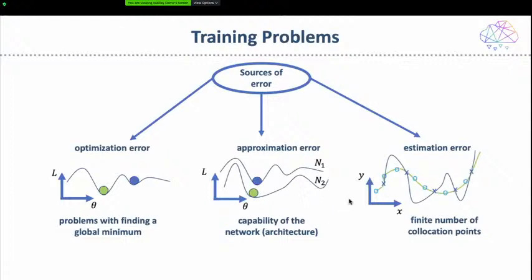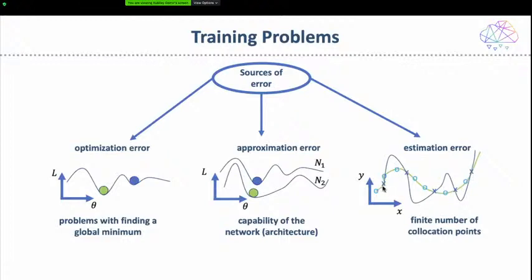And then the third possible problem is that you might not have enough collocation points. These are the points where you try to minimize the loss function. And if you don't have enough, you might end up having a function that fits the points that you have, which in the coarse case are these small x's.